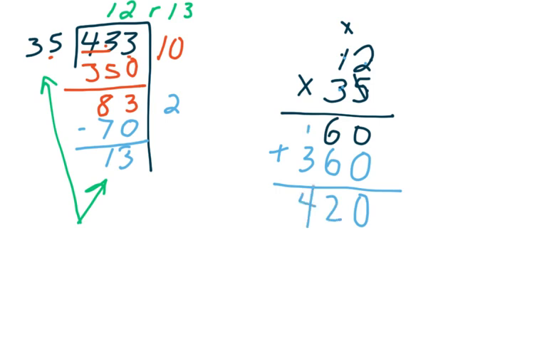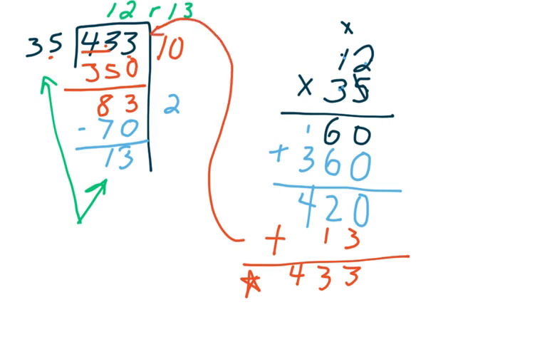I have 420. Don't panic that it doesn't yet match the dividend, because we still have to add the remainder of 13. And when we do that, now we see that we have a perfect match, 433 and 433.